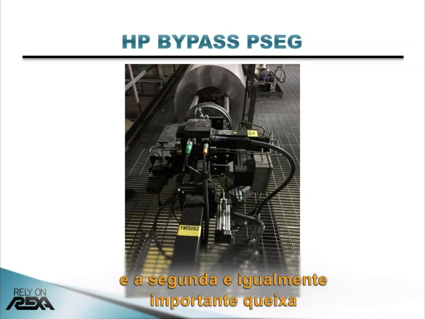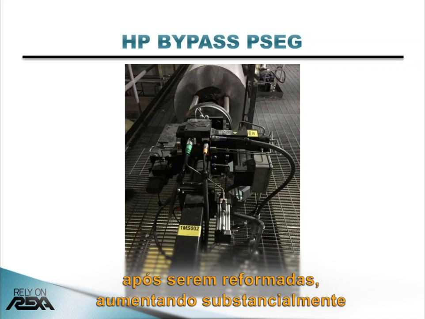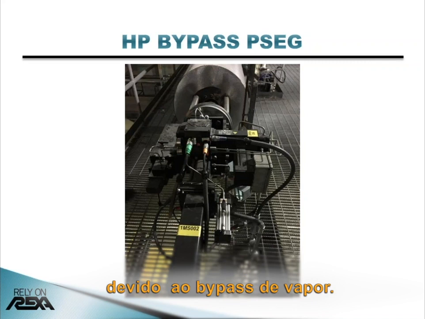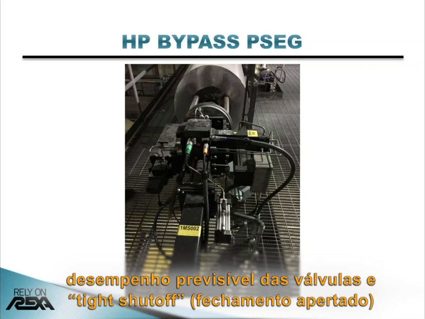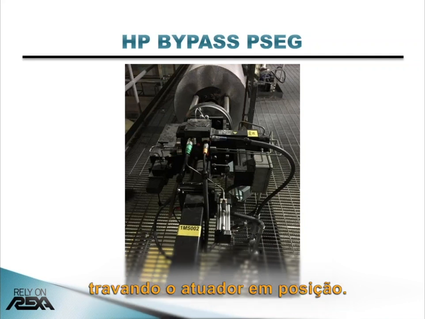The second and equally important complaint was that the valves leaked almost immediately after rebuild, substantially increasing maintenance cost and heat rate due to bypass steam. The high resolution of the REXA actuator gave plant operators predictable valve performance and long-term tight shutoff due to our hydraulic circuit flow match valves locking the actuator in place.